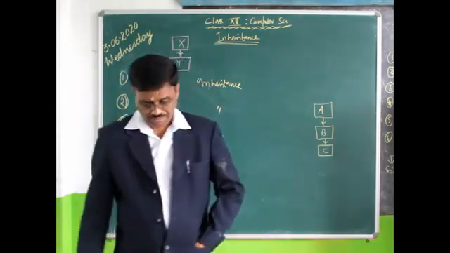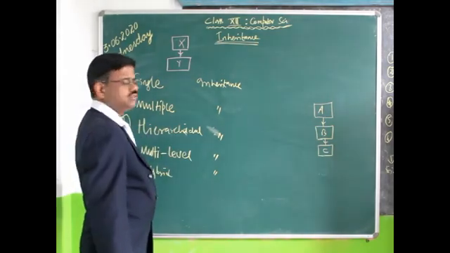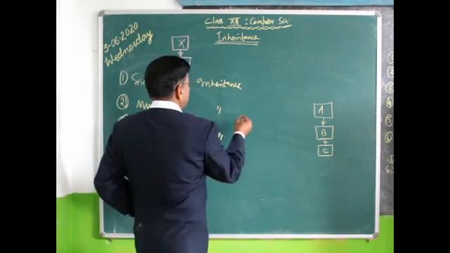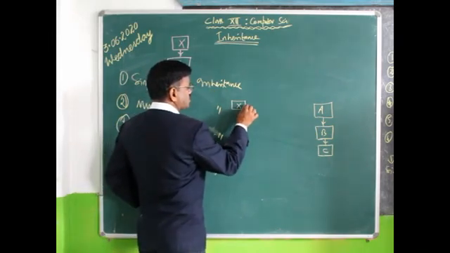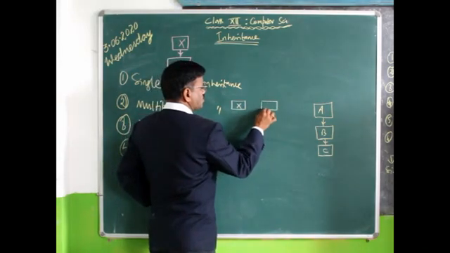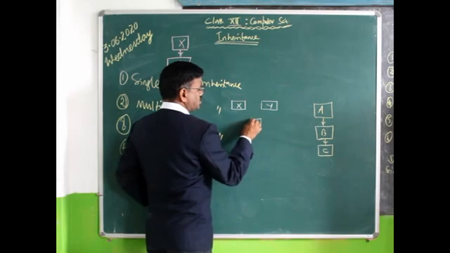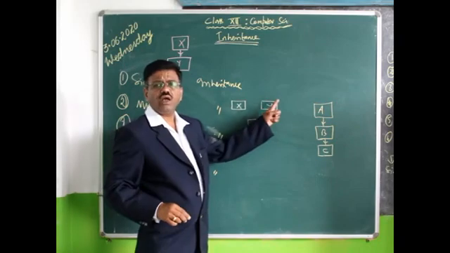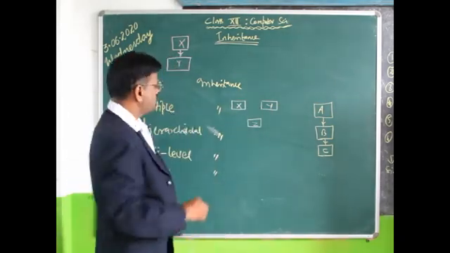What do you mean by multiple inheritance? Multiple inheritance goes like this. Let's say this is class X, this is class Y, and this is class Z. X and Y are the superclasses or base classes.